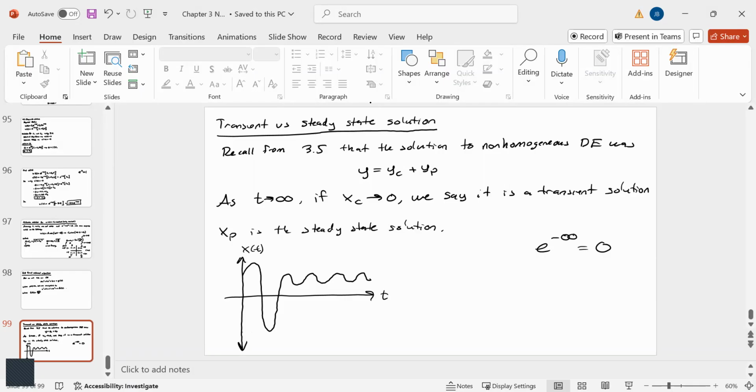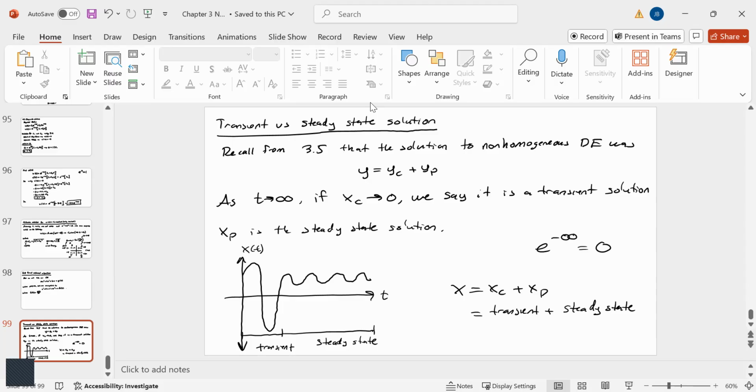From here to here, we say that's the transient, and from here to here, it's the steady state. That's essentially what we're analyzing: the transient behavior and then the steady state behavior. So x will be equal to xc plus xp, which is equal to transient plus steady state. And we know the transient should go to 0 because it's the homogeneous component.